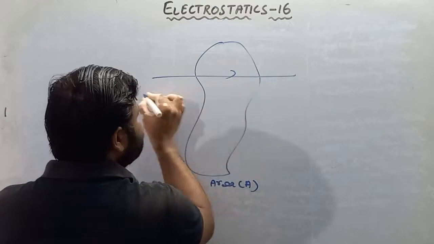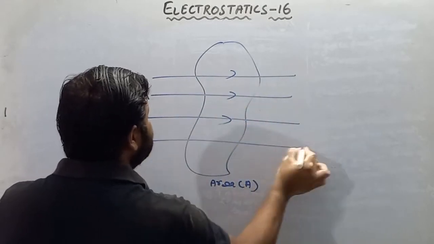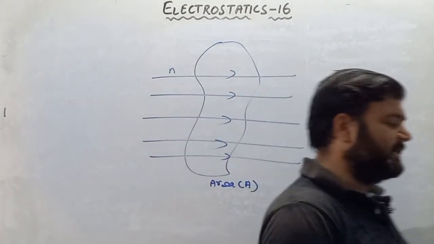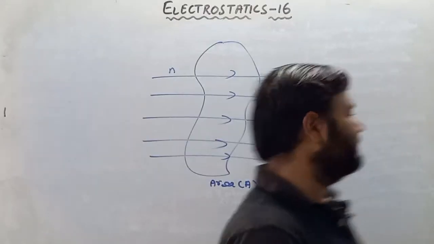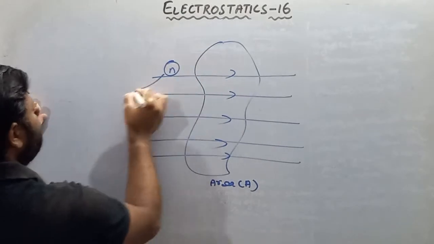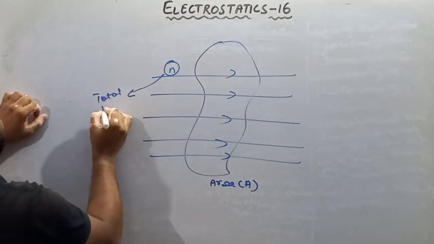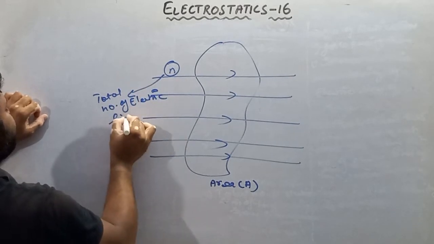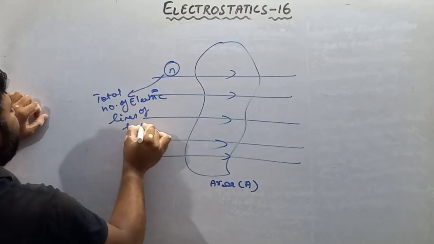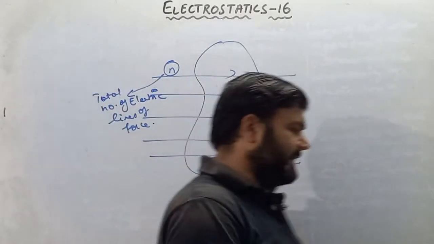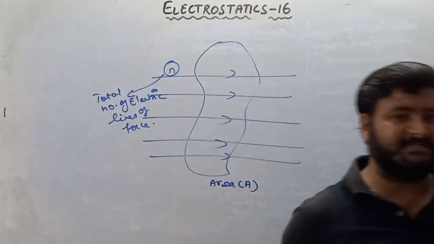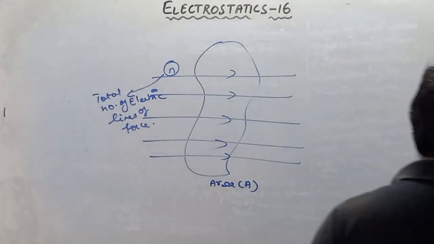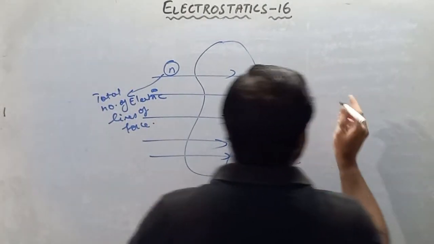Let the number of electric field lines passing through this area be N. N is basically the total number of electric lines of force. Remember this, my dear student.